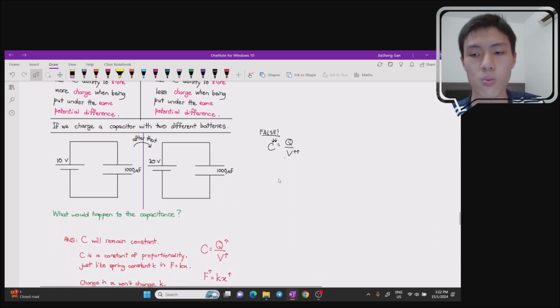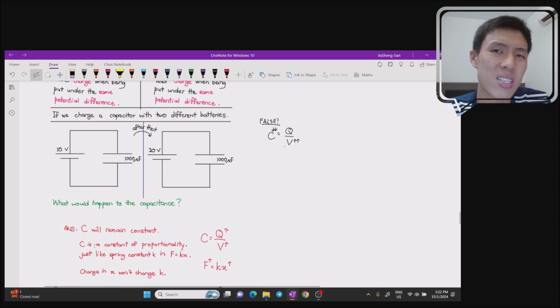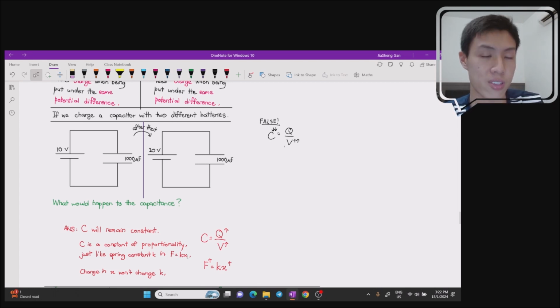Well, the capacitance will actually remain constant, because capacitance is similar to a constant of proportionality, just like the spring constant you have in F is equal to Kx. You stretch the spring more, you increase the x, but you only result in a greater restoring force F. The K will not change.